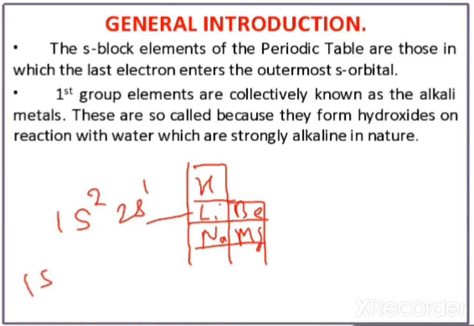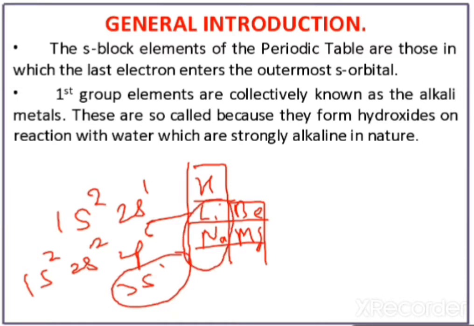Sodium configuration is 1s2 2s2 2p6 3s1. The last electron is entering in s orbital, so these two elements belong to first group. Like that, potassium, rubidium, cesium, and some other elements. These are first group elements, and collectively these are known as alkali metals.